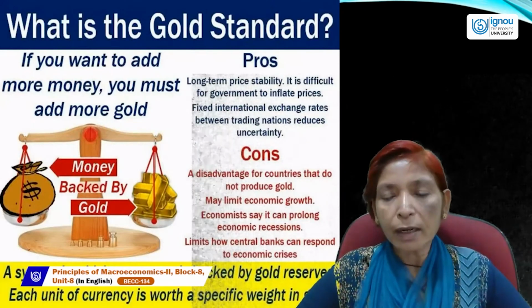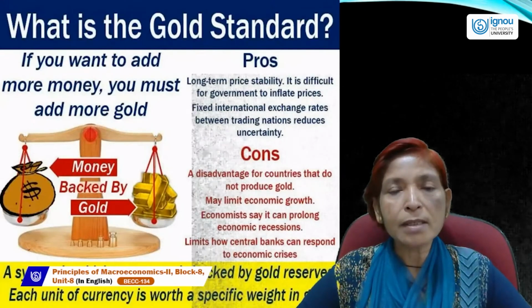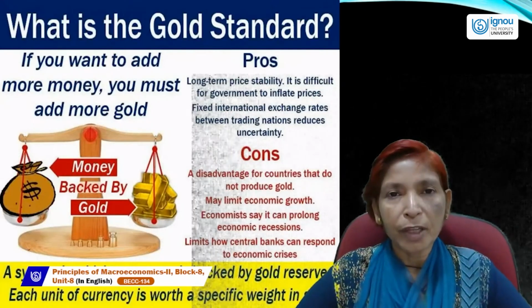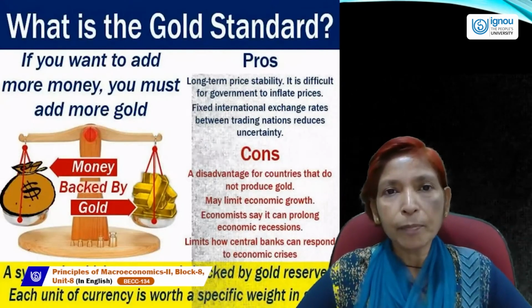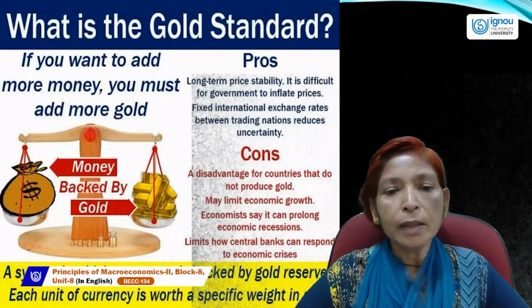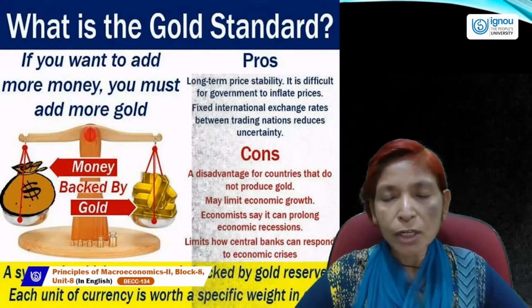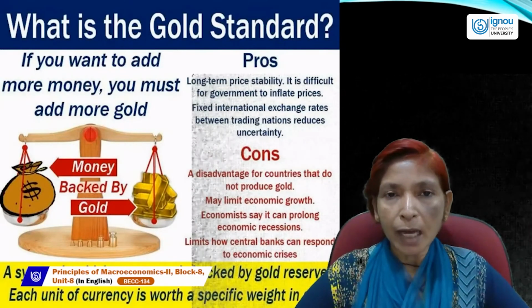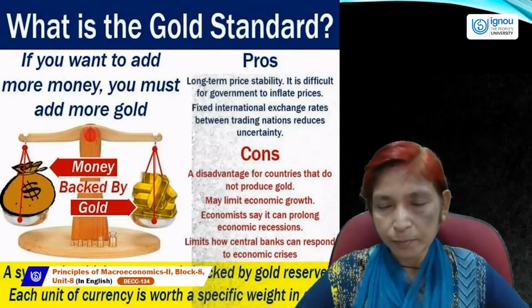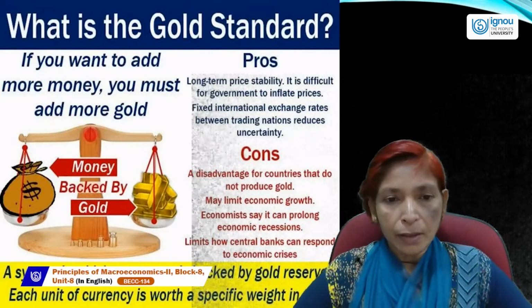And a fixed international exchange rate between trading nations reduces uncertainty. There is no uncertainty, no speculation, no hoarding. There is no type of speculation at the time of the fixed exchange rate system because the exchange rate was fixed.